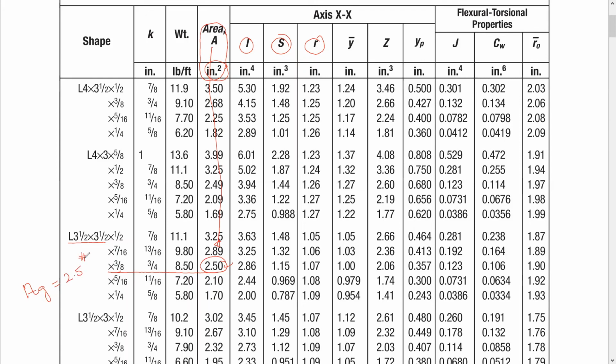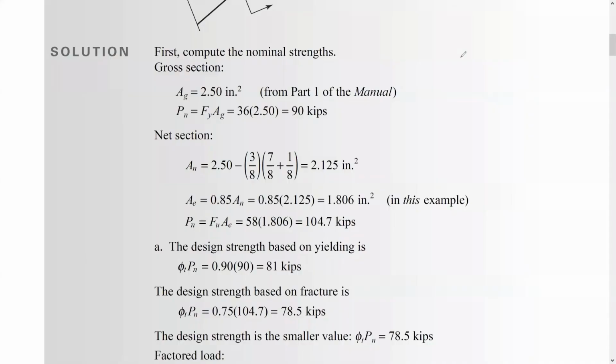Let's get back to our example. The nominal strength based on yielding is yield stress, 36, times 2.5, the cross-sectional area from the manual, which is equal to 90 kips. Now, for the fracture, this was for yielding once again.